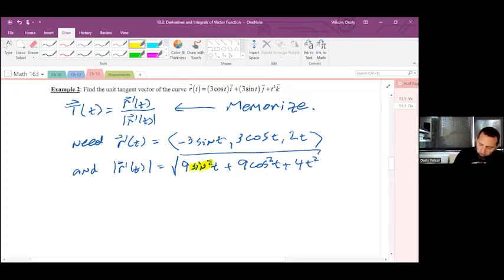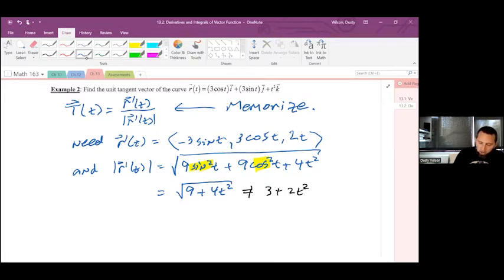Notice we have a sine squared plus cosine squared, which is 1. I've got 9 plus 4t squared. Square root of 9 plus 4t squared. 9 plus 4t squared is not a perfect square, so it can't be simplified. Again, this thing is not equal to 3 plus 2t squared.